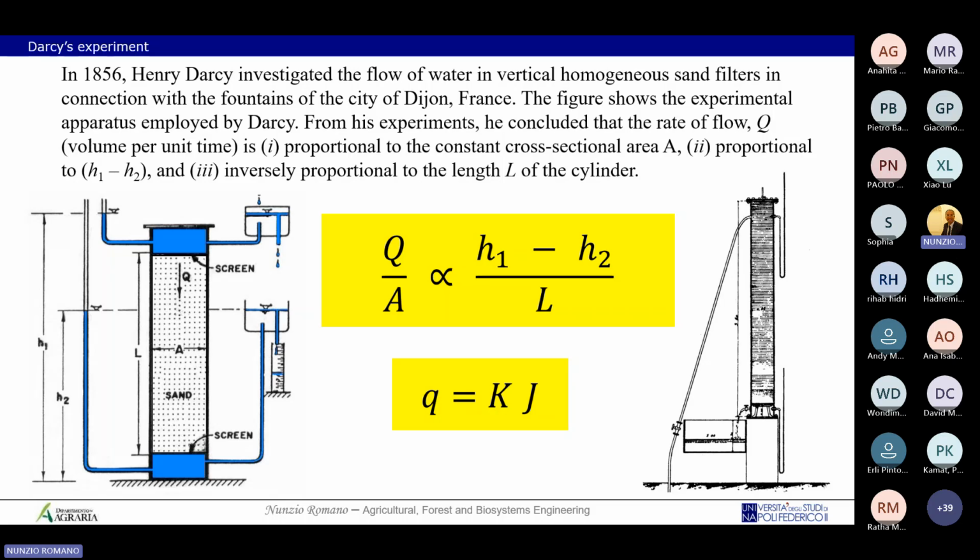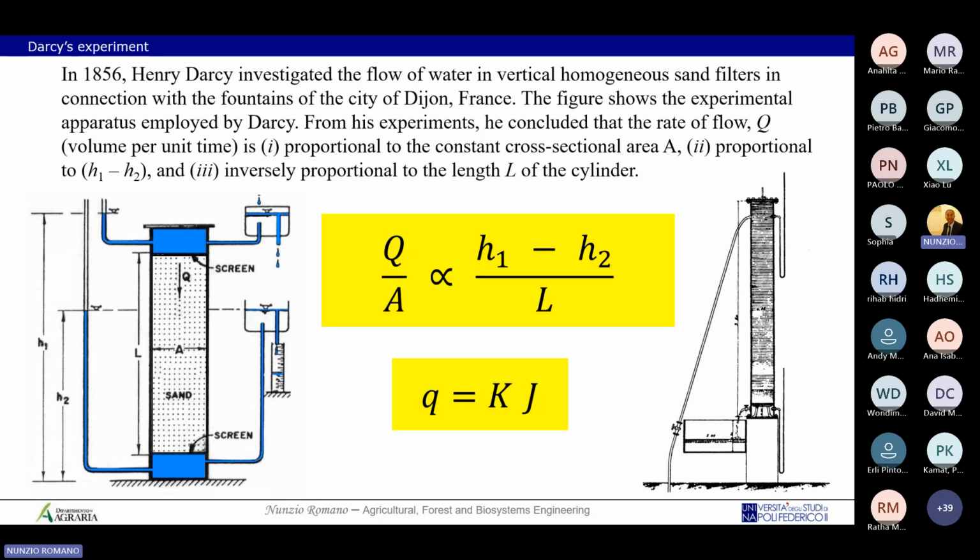On the right you see the original picture from the original paper made by Darcy. He made a lot of experiments, but he put sand in vertical steel cylinders, and he fed the cylinder with water from the top, and the water moved through the cylinder, a sort of filtration, to the bottom boundary. The water moves because we have different energy.